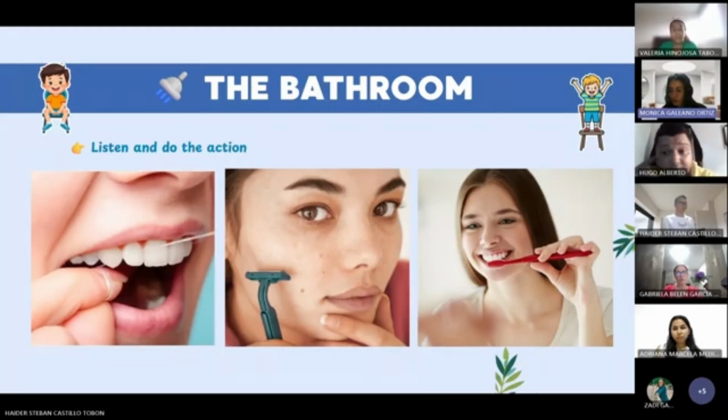If you don't have them, you can use your imagination and only listen and then do the action, okay? So let's start. First action, floss your teeth. Please floss your teeth.